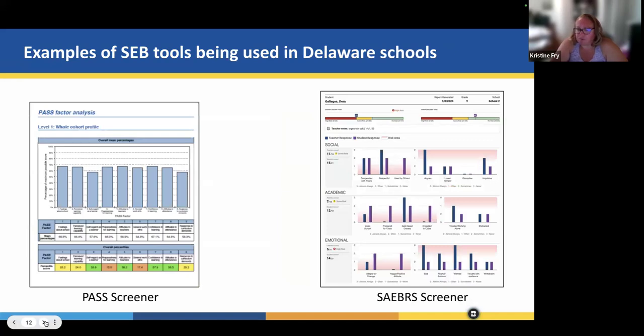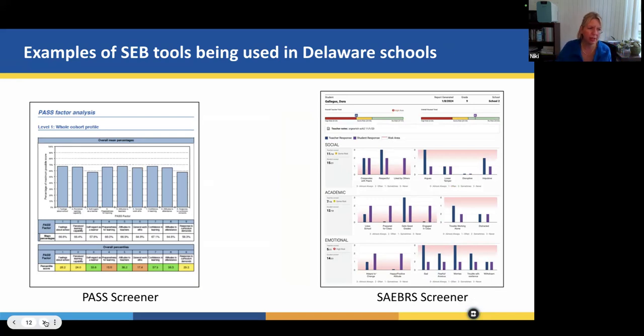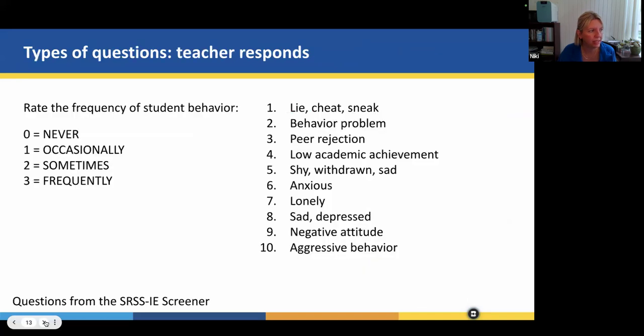And then some examples of social emotional behavioral mental health screening tools that I know Delaware schools are using. The SABRS, Social Academic Emotional Behavior Rating Scale. That is one that several schools are using, and then PASS, and I apologize, I can't remember what PASS stands for, but that's another one that schools are using to identify SEB needs.